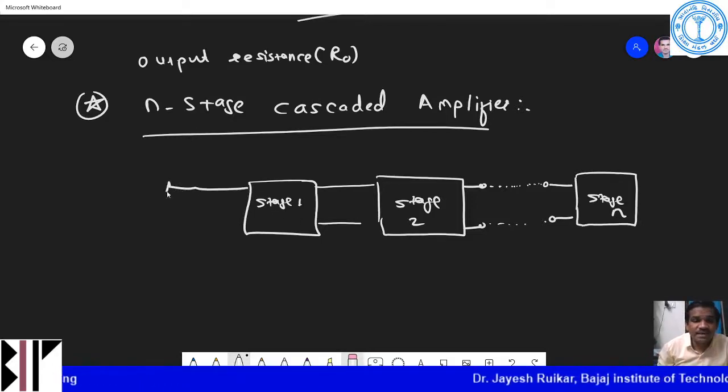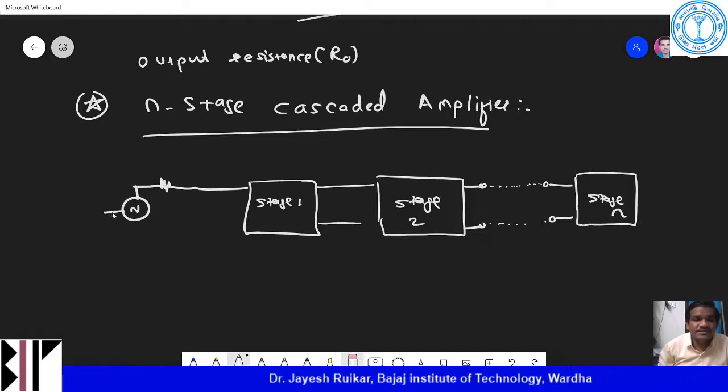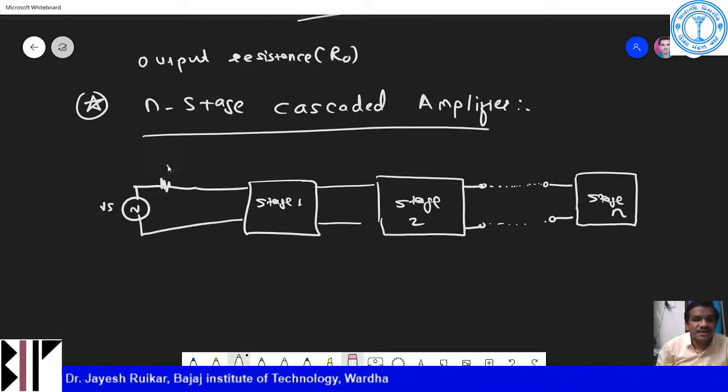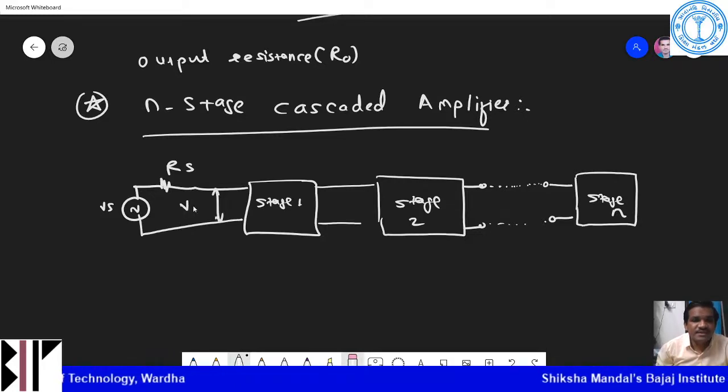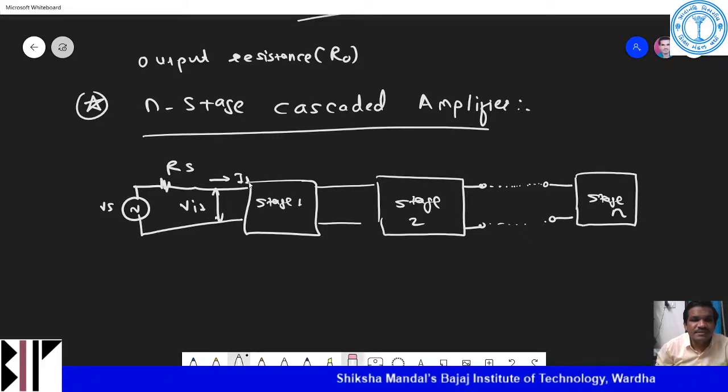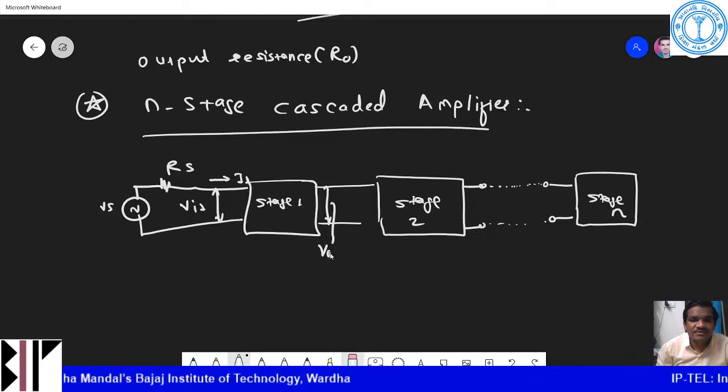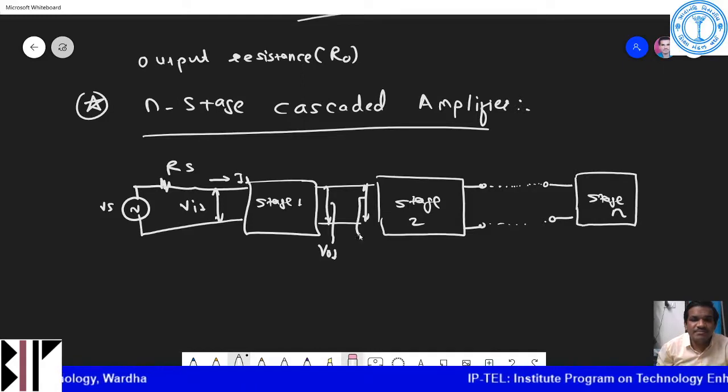Then we draw Vs and Rs, the input voltage, Vi1, the current I1 flowing through this, and the output across this is VO1, and the same voltage is applied at the input of the second stage.